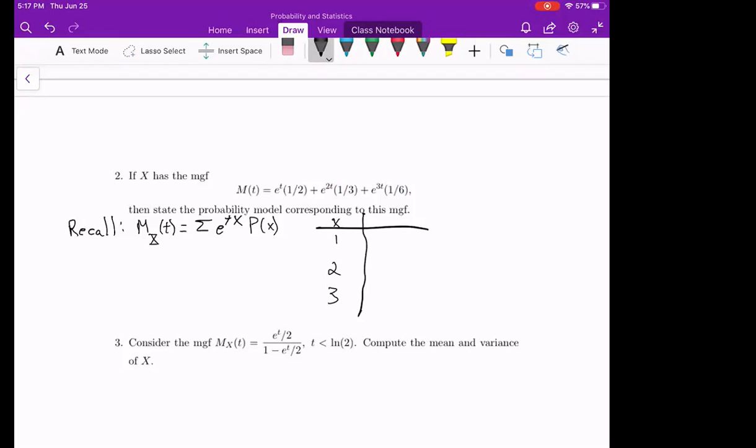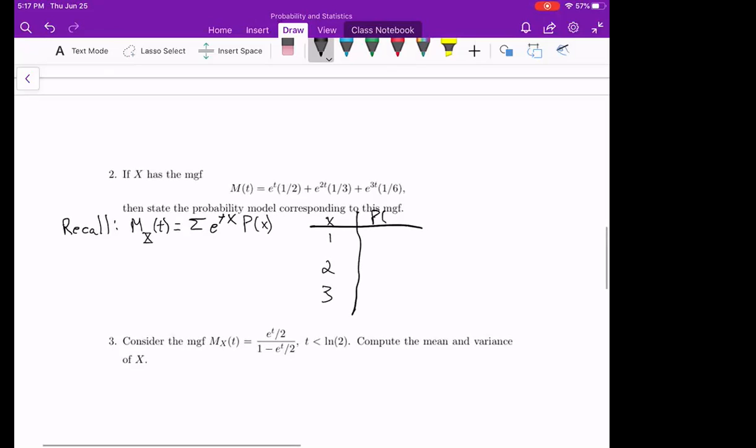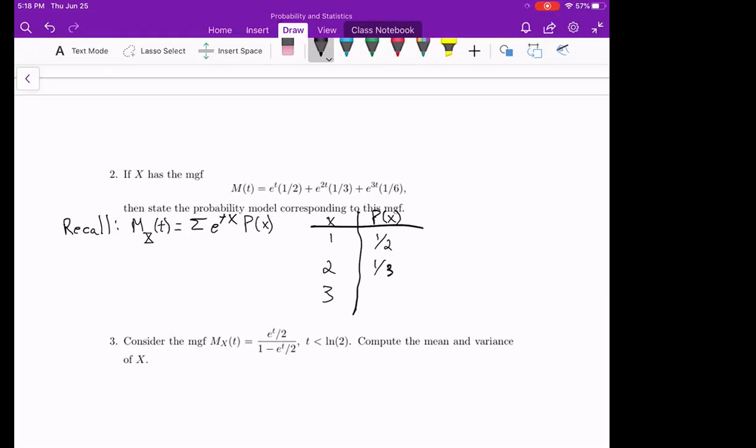But I also can see that each exponential is multiplied by a fraction. And that fraction, based on the form of this formula that I wrote on the left side there, has to be the corresponding probability. So when x is 1, p of x is 1/2. When x is 2, p of x is 1/3. And when x is 6, p of x is 1/6.